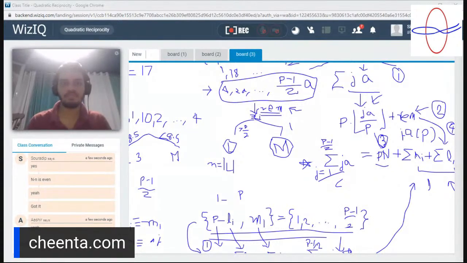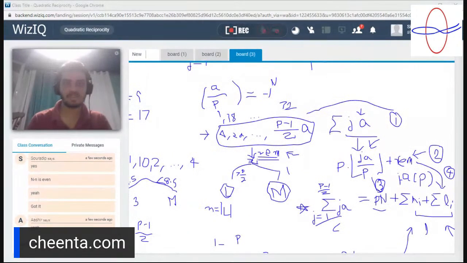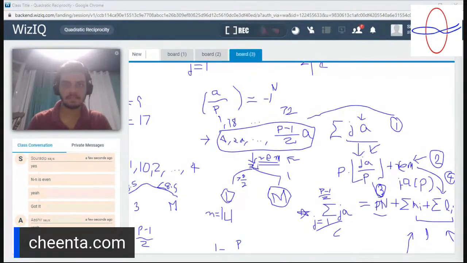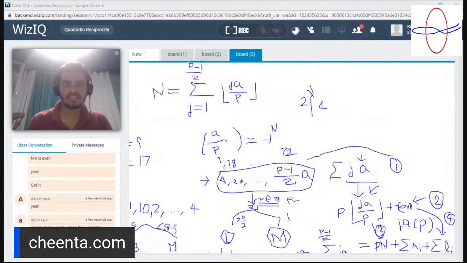So what we had to prove originally was that our lemma started with this: n is the summation from 1 to (p minus 1) by 2 of this value ja upon p, which is just the sum of all of these numbers here.